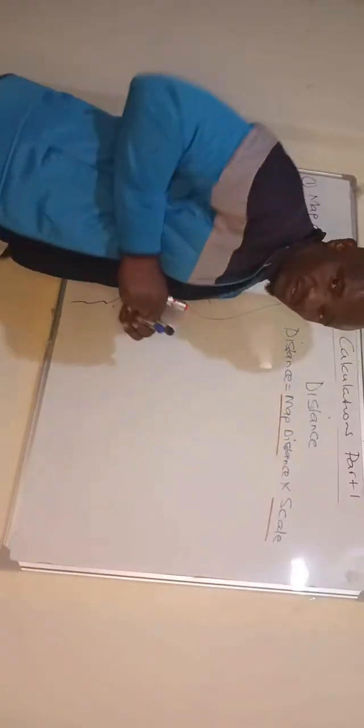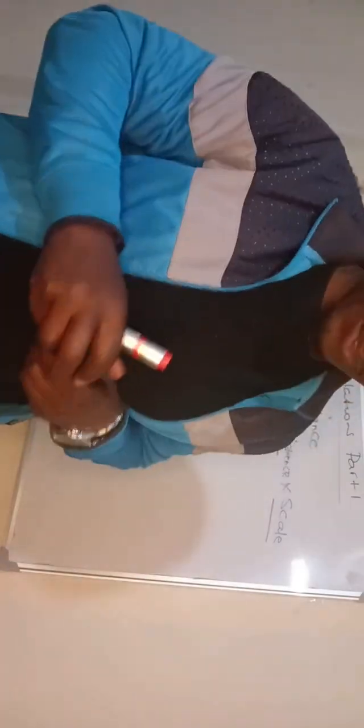What is important, guys, is that the map distance is what you are going to measure with the ruler on the map. I'm going to demonstrate with an example. So I want my answer to be in meters. Can you take note?